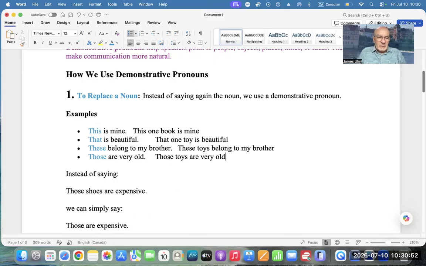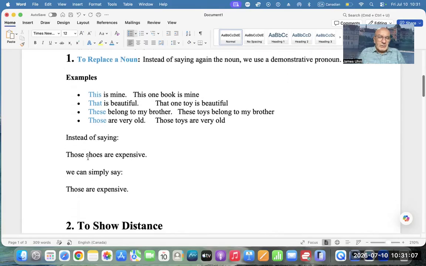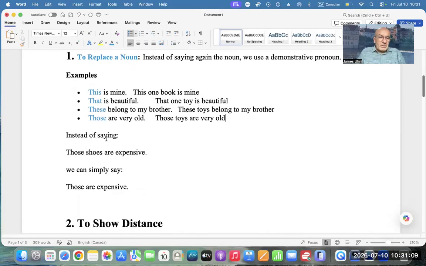So what we can say is this and these are close to me. That and those are far away from me. So instead of saying those shoes are expensive, we can simply say those are expensive.